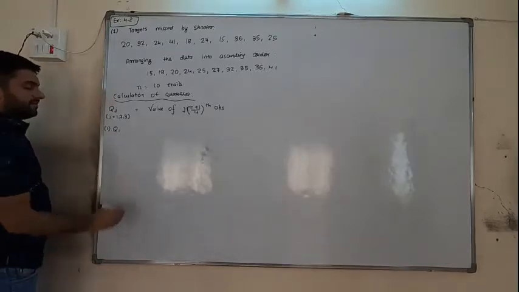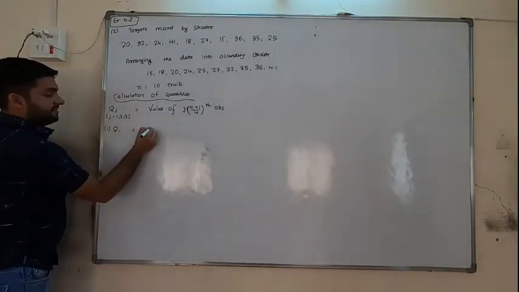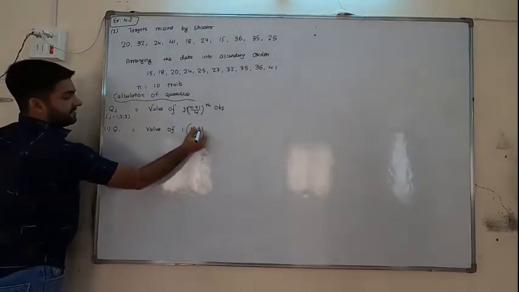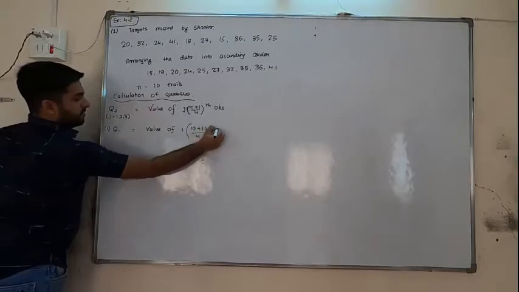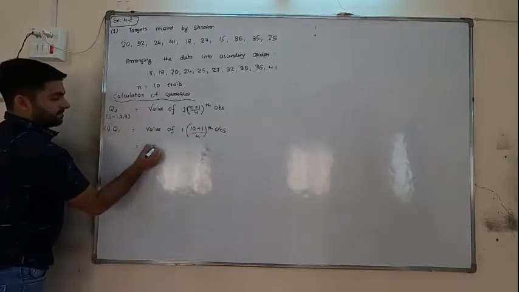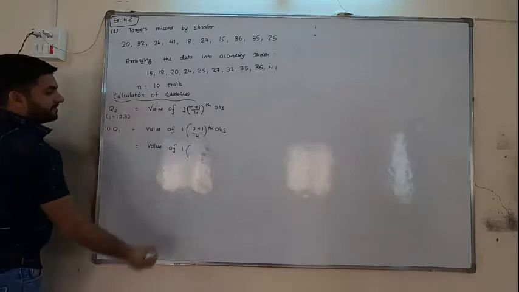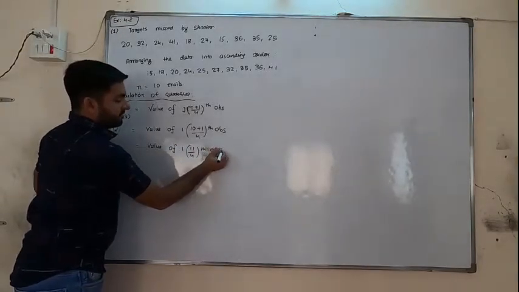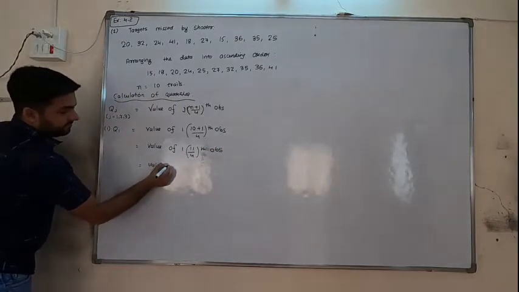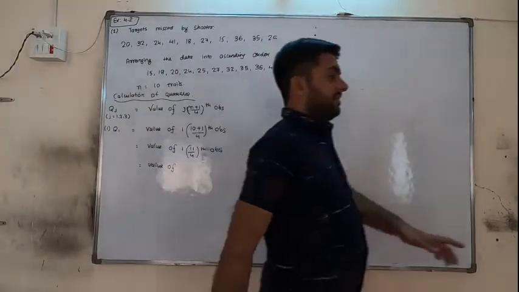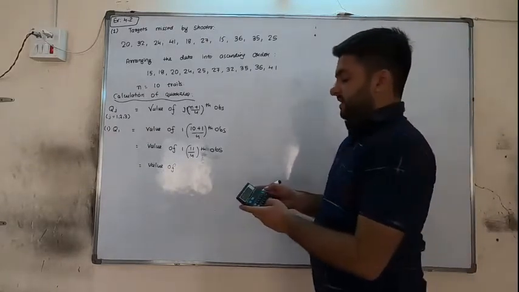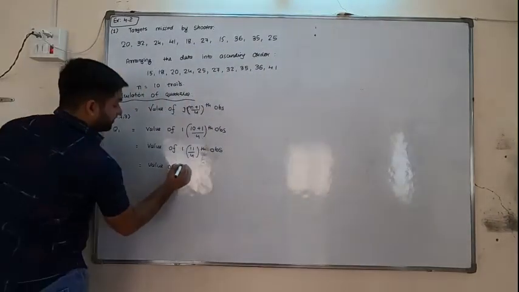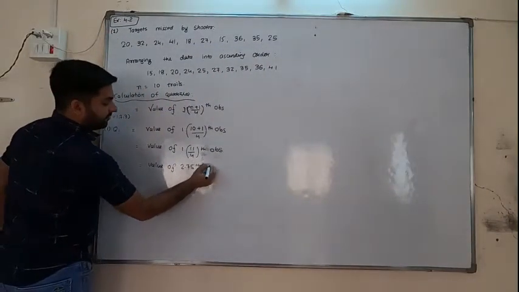So Q1 is equal to value of 1 times (10 plus 1) by 4th observation, that is 11 by 4, which is 2.75th observation.